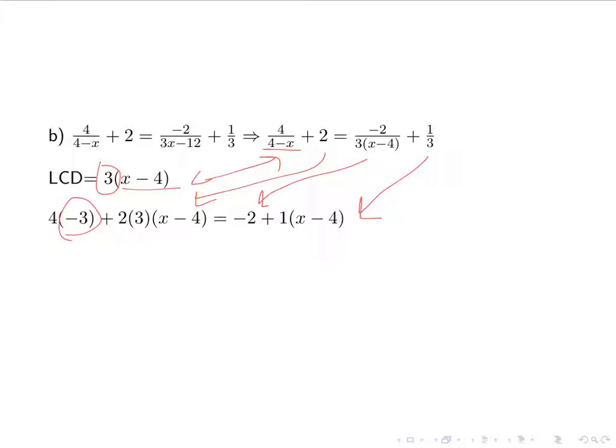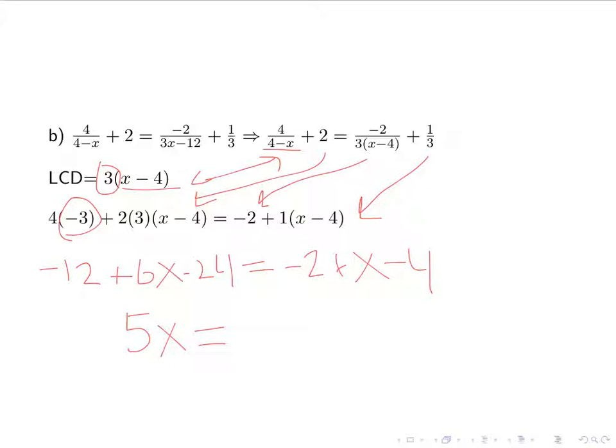Then we're going to solve this for x, so we've got negative 12 plus 6x minus 24 equals negative 2 plus x minus 4. I will clean that up. We'll subtract the x over, so all of our x's together, we have 5 of them. On the left-hand side, we have a negative 36, so I'm going to add the 36 over.